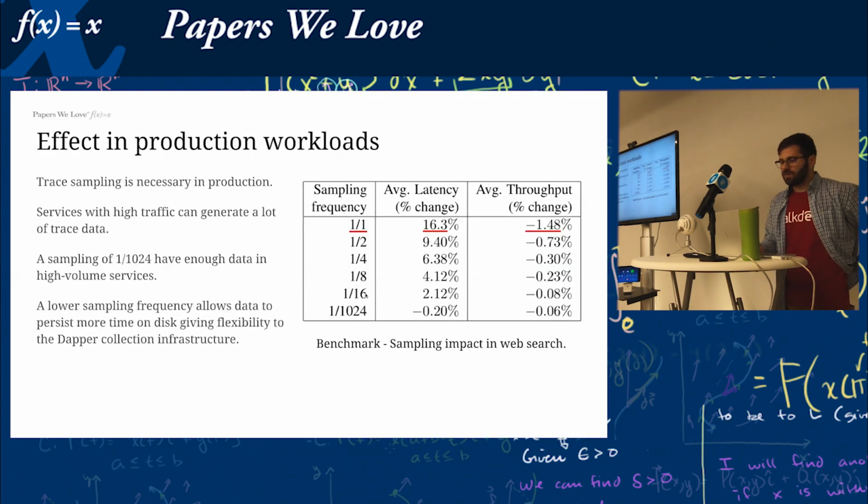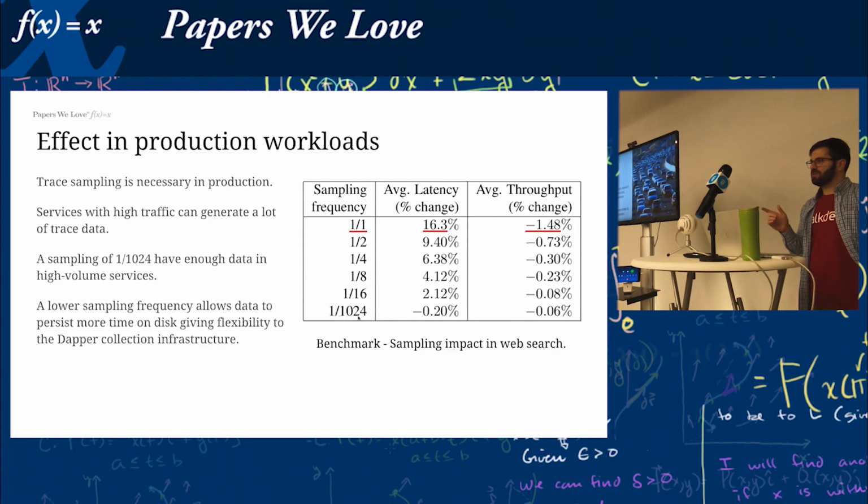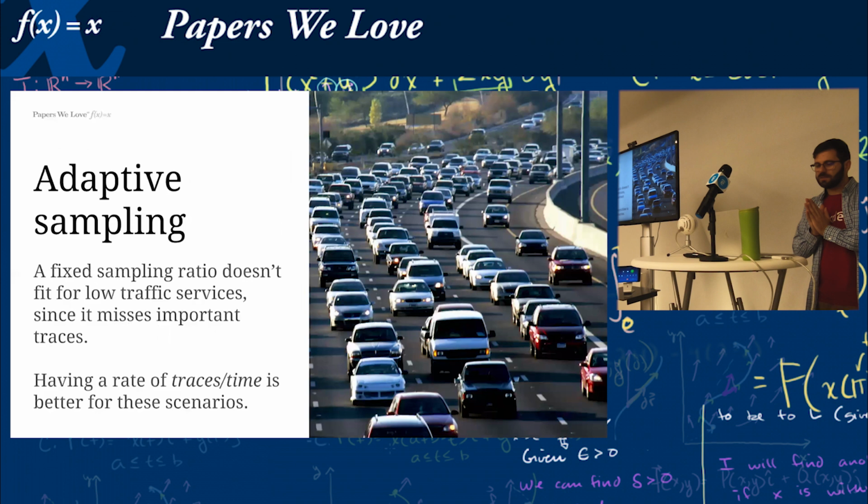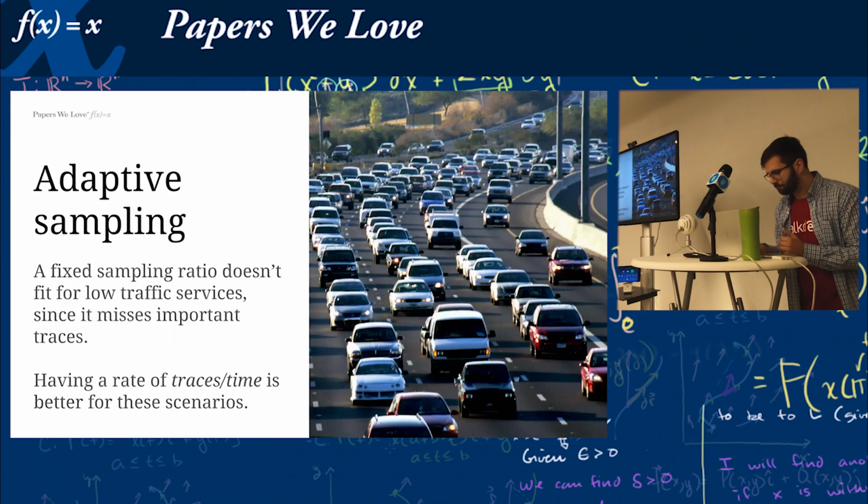So this can work for a high-traffic service, but for a low-traffic service they changed the approach. They use another model for sampling, which is the number of traces per time. For example, if you have a prototype service in production with low traffic, they say, hey, I want at least 3 traces per second. It's a different approach.